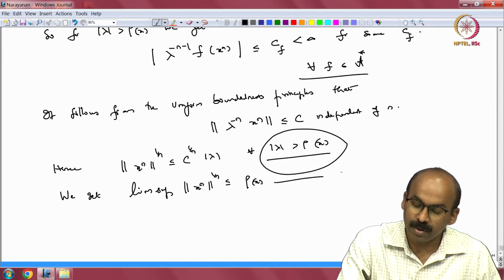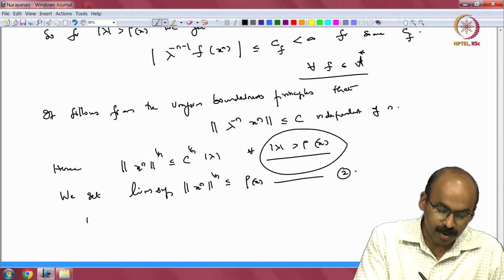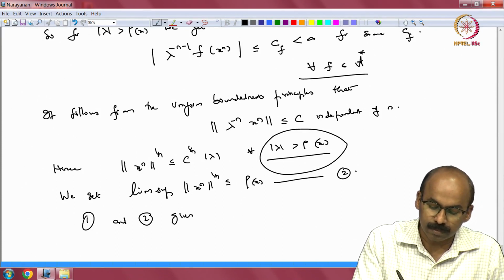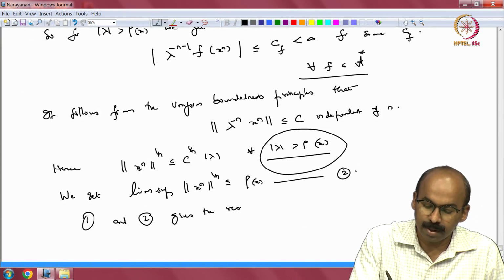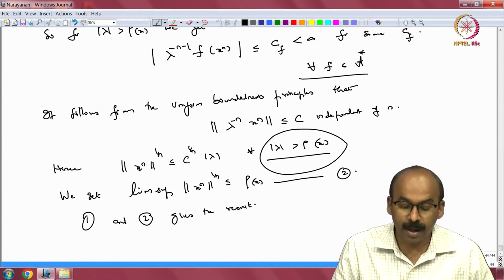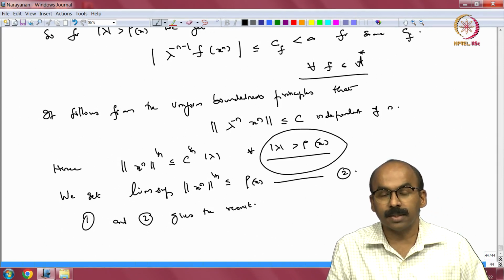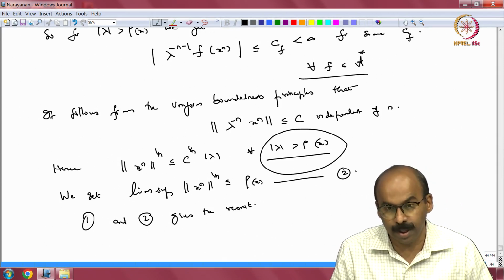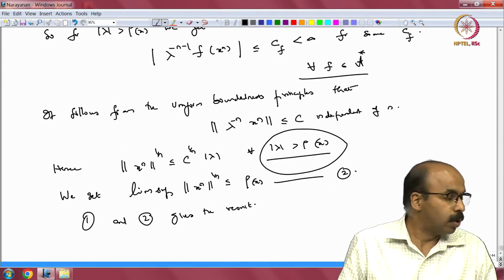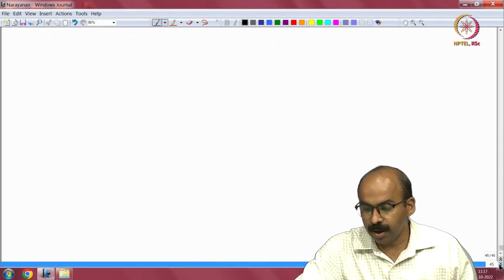So, that is true, and 1 and 2 give the result. So, the spectral radius: because lim sup of norm x to the n to the 1 by n is less than or equal to rho x, which is less than or equal to lim inf, lim sup will be equal to lim inf, and both will have to be equal to rho of x. Okay. So, we will go ahead.